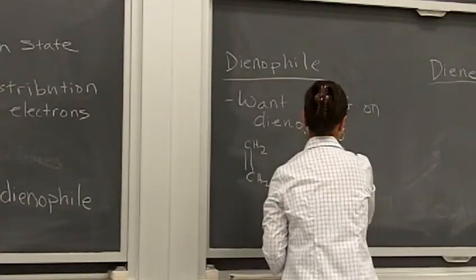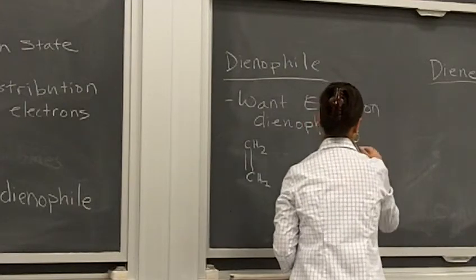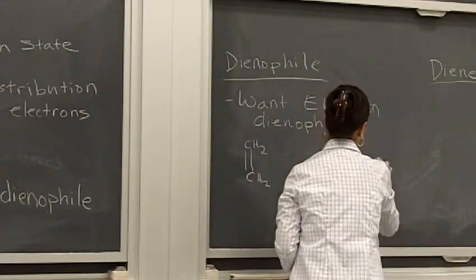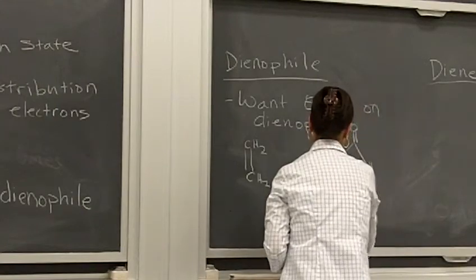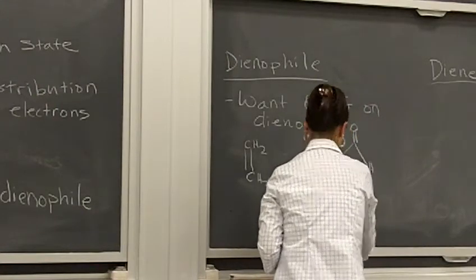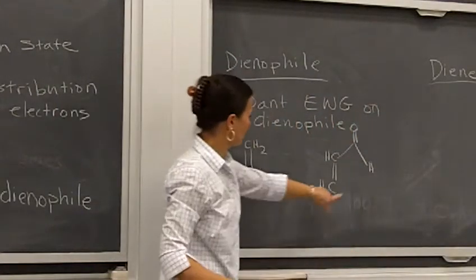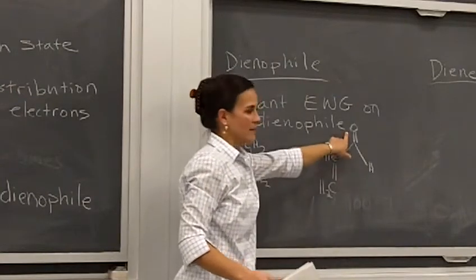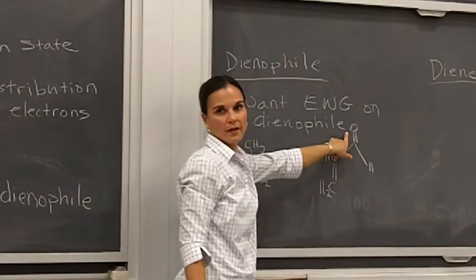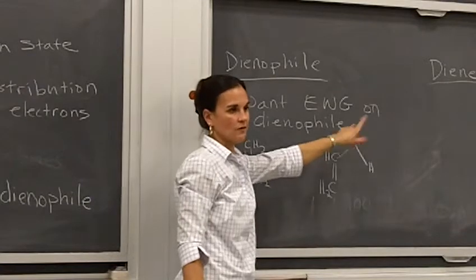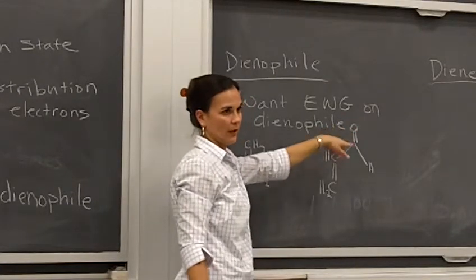So something like this, if we had this guy, which now has an aldehyde on it, we've got an electron withdrawing group on it. This makes it more reactive towards that diene, all right?